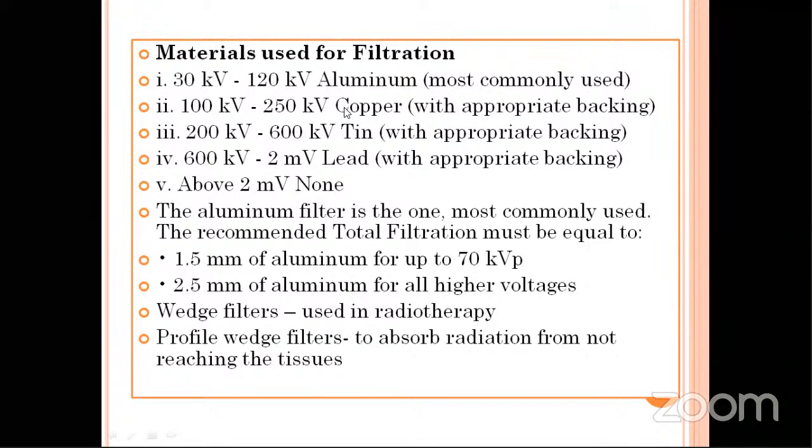If it is more than that, copper is used, and again more than that, tin is used, then lead. So these are all the different elements which are used based upon the KVP. Aluminium is most commonly used in the IOPA machine if it works at a KVP of 70, and the thickness here is 1.5 mm if the KVP is 70. If it is more, it is actually 2.5 mm of aluminium.